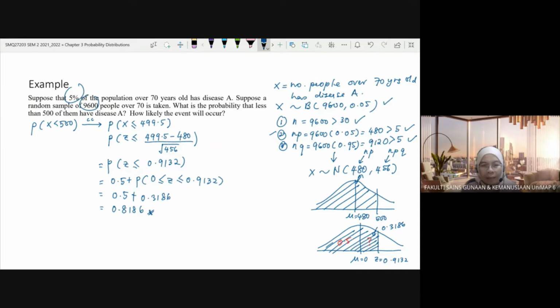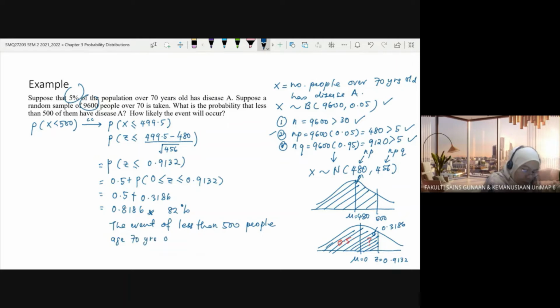But what does that mean? In order to interpret how likely the event will occur, 0.8186 is equivalent to 81 or 82%, almost 1. So in this case, we may say that the event of less than 500 people aged 70 years old having disease A is what?